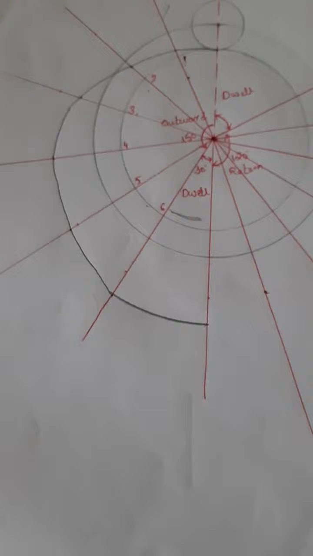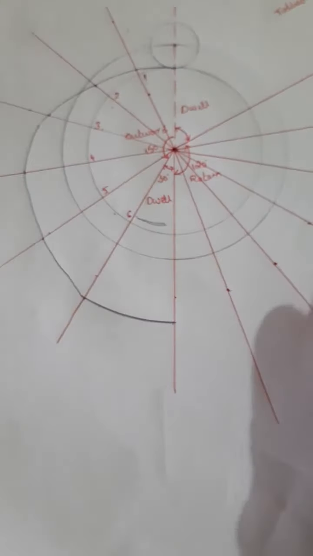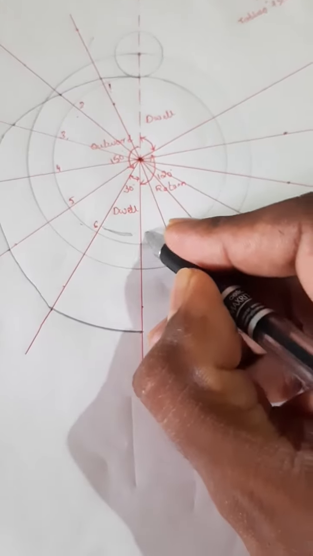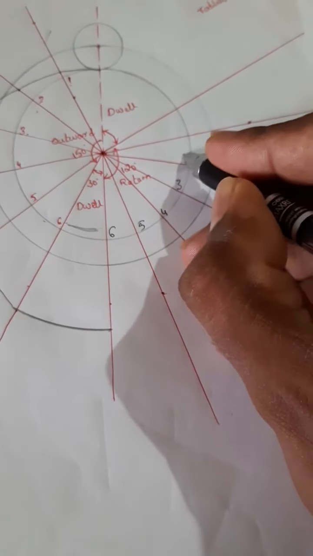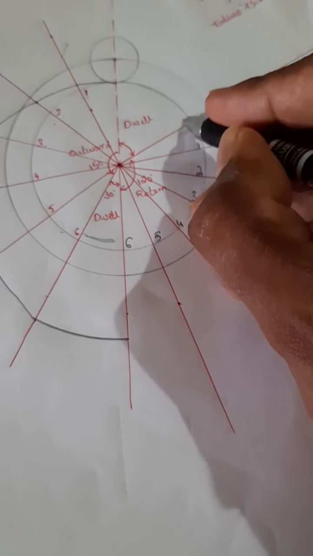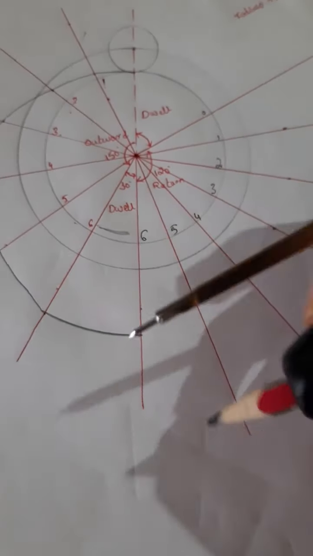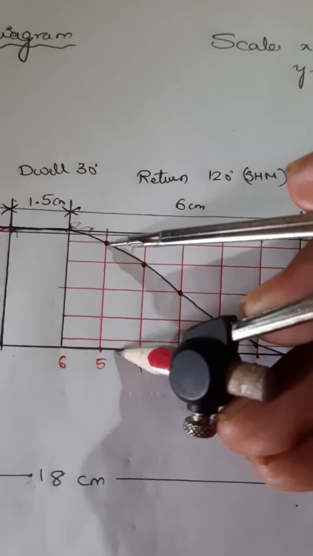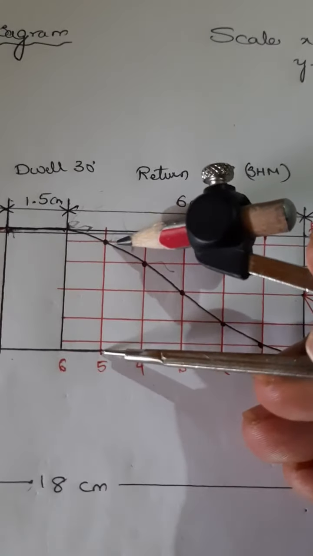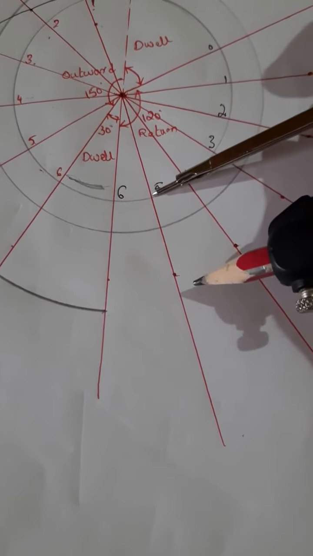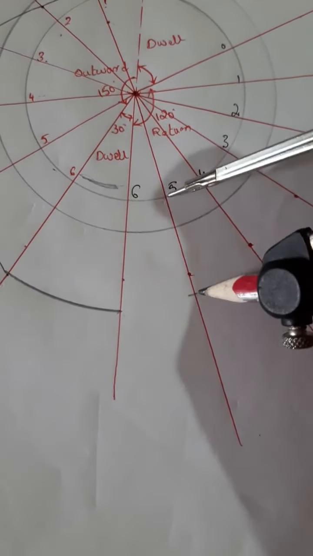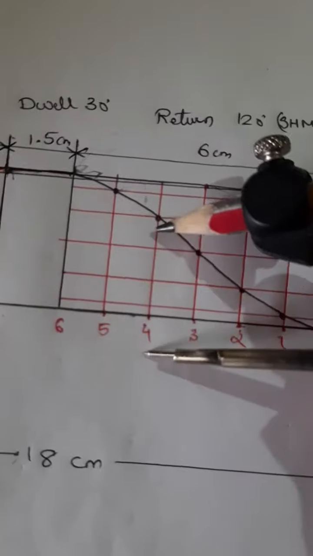These lines are 6, 5, 4, 3, 2, 1 and 0. For the fifth line, measure the same distance from your base and, from the inner circle, mark the point.